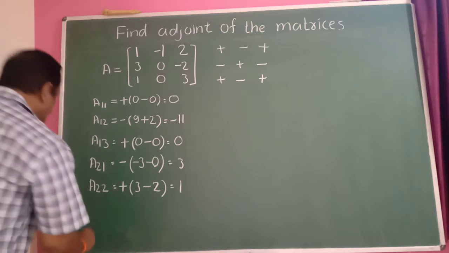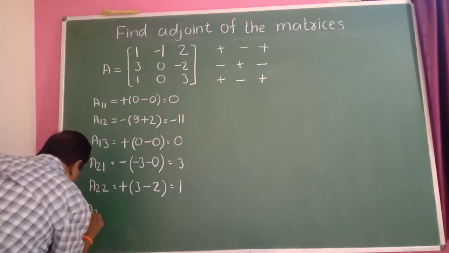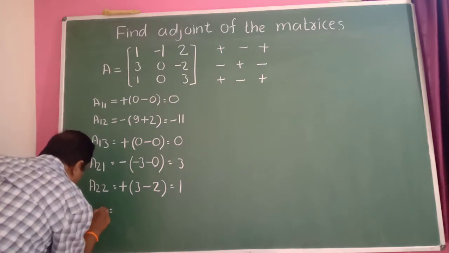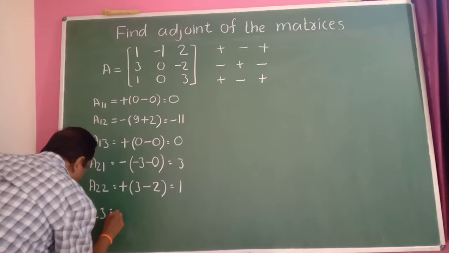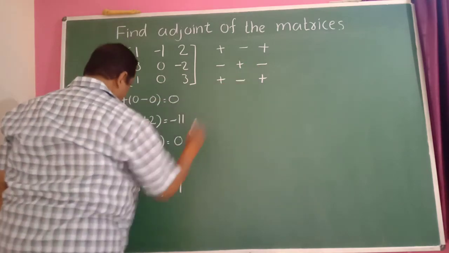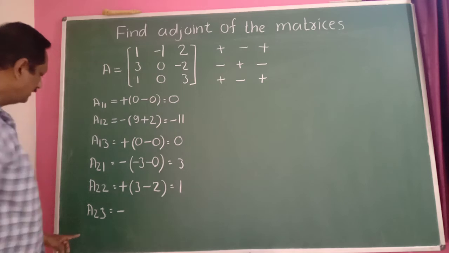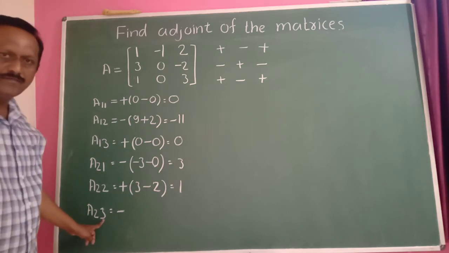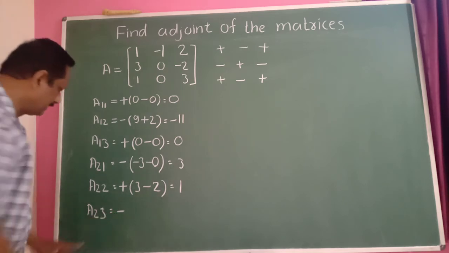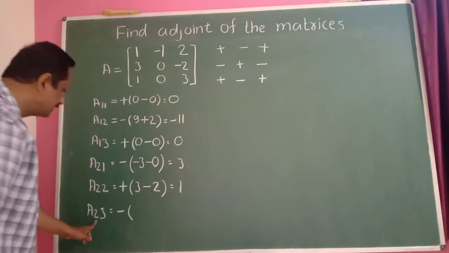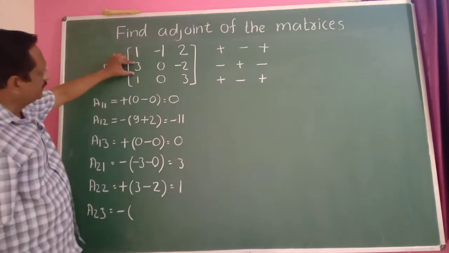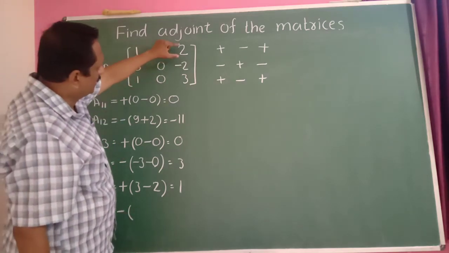Next, A23. Therefore the minus sign is there. So write minus here, since 2 plus 3 is 5, an odd number, take the minus sign. Then delete the second row and third column.